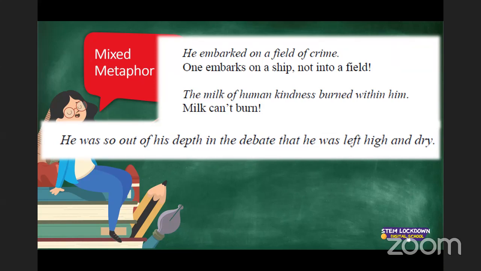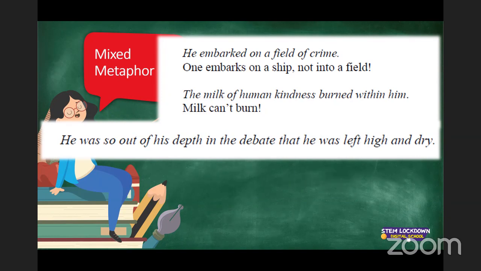Okay. So if we look at just the examples now for mixed metaphor, he embarked on a field of crime. So one embarks on a ship, not a field, you see. So you've got to really think about it in a literal sense as well, to see whether the metaphors agree with one another.